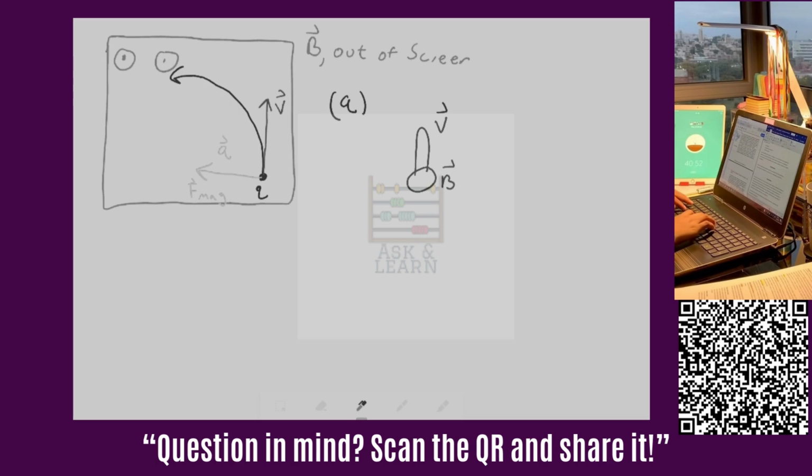Now when we do this, we have to kind of twist our wrist, and that means that our thumb is actually, let me write the magnetic field on the other side here. Our thumb is actually pointing this way, and that's going to be then the direction of the magnetic force given our convention of the right-hand rule for a positive charge.